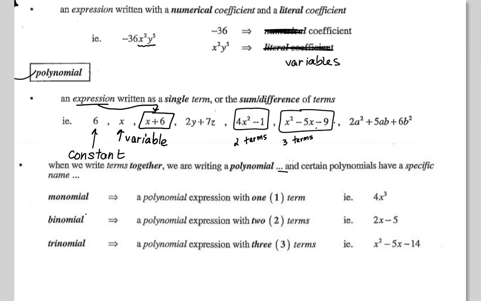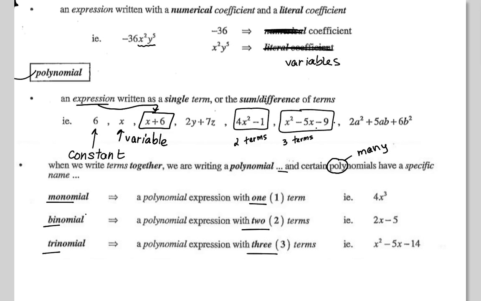Okay, let's keep going. If you think to your English prefixes, mono meaning 1, bi meaning 2, and tri meaning 3, you can see that these polynomials, poly meaning many, because you could have all different amounts of terms, have some special names for 1, 2, and 3, namely the monomial, the binomial, and the trinomial.